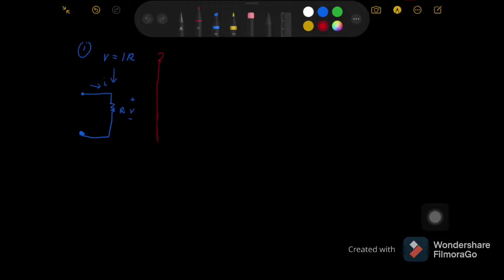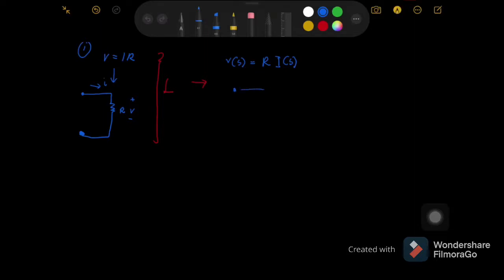Taking the Laplace transform of V equals IR and also of the circuit, we have to transform everything into the Laplace domain. Therefore, we get V(s) equals R I(s).